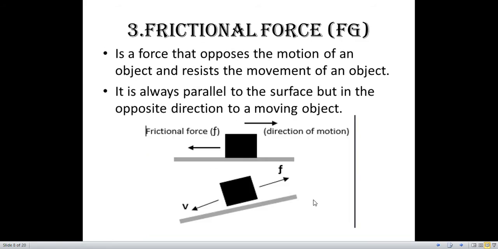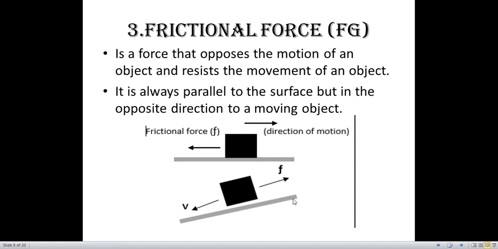Number 3, your frictional force, the Ff. This is the force that opposes the motion of an object and resists the movement of that very object. It is always parallel to the surface, but in the opposite direction to a moving object. Looking at the diagram here, your frictional force is going to the left, opposing the direction of motion, which is going to the right.